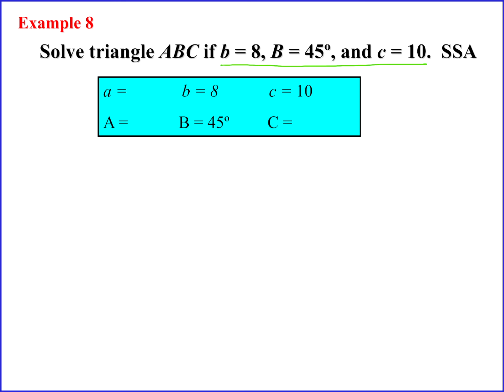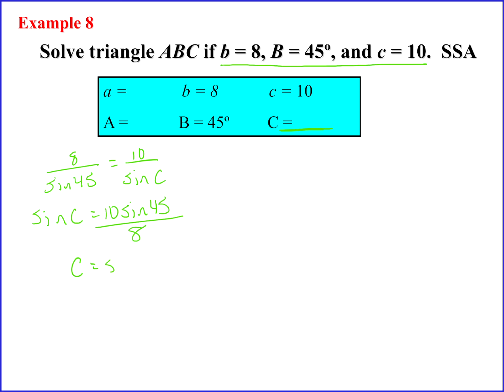So here again, I need to first start with angle C right here. I know 8 over sine of 45 equals 10 over sine of C. So again, sine of C equals 10 sine of 45 divided by 8.